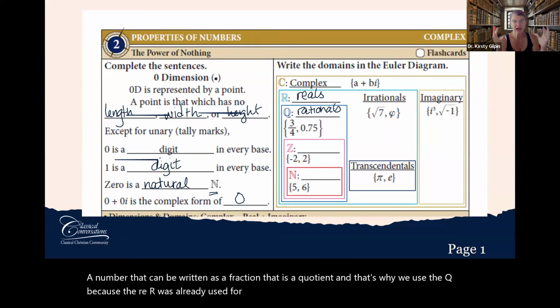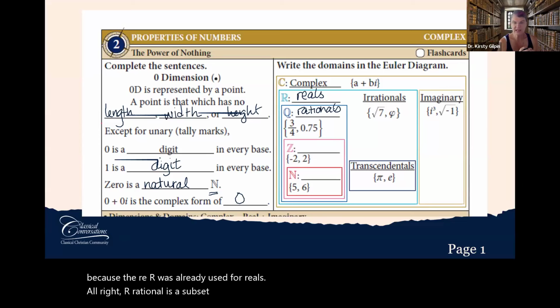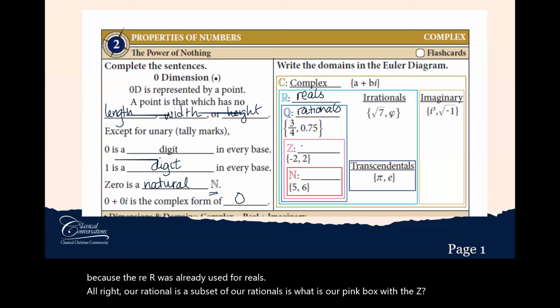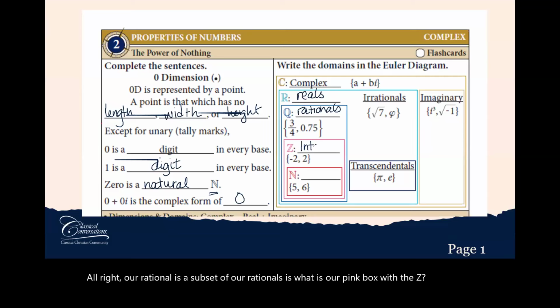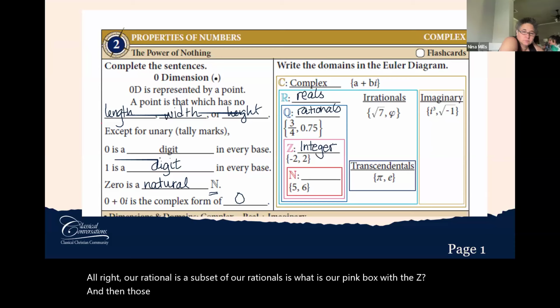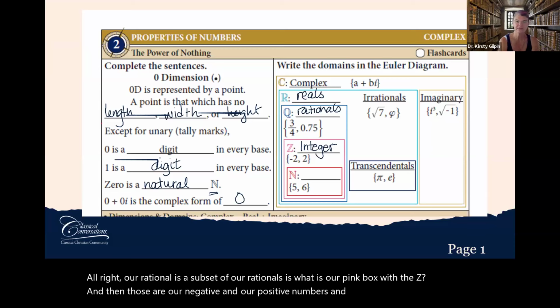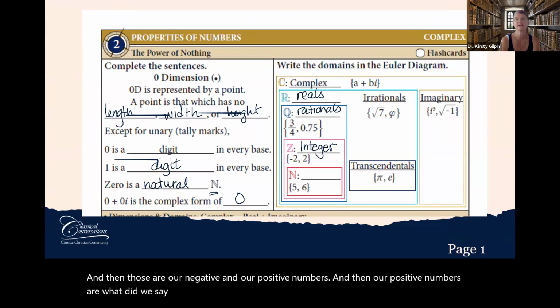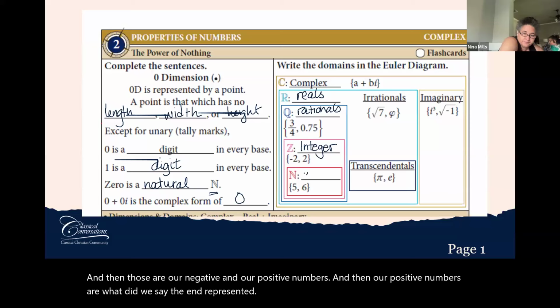All right, a subset of our rationals is what, our pink box with the Z? Integers. Integers. Those are our negative and our positive numbers. And then our positive numbers, what did we say the N represented? Naturals. Naturals.